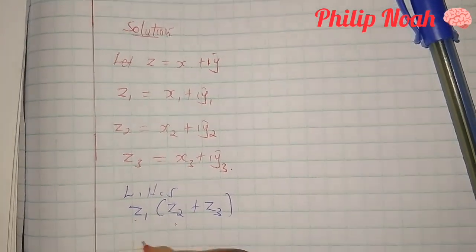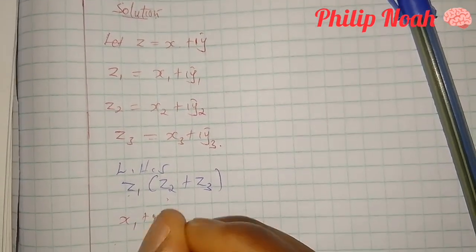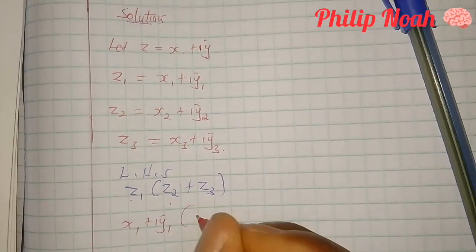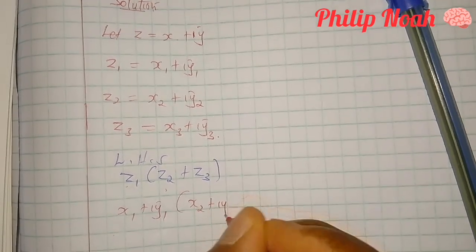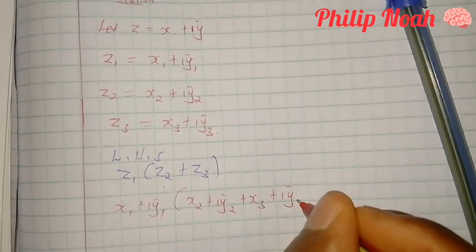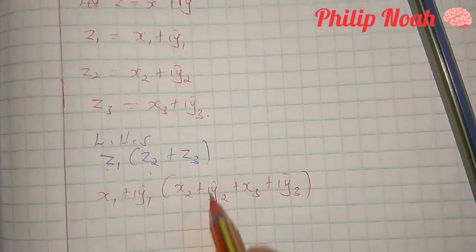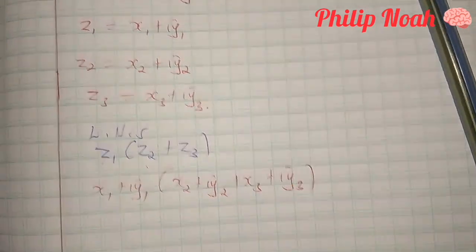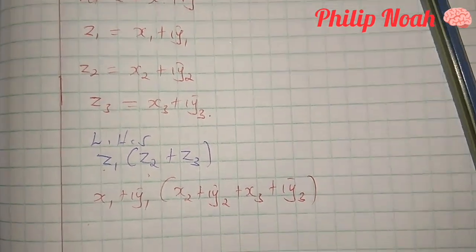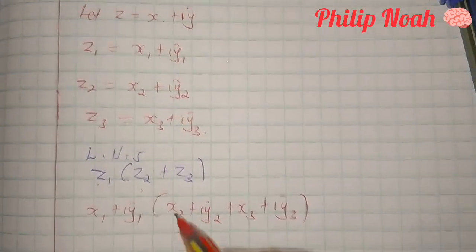Now we have x1 plus iy1 into (x2 plus iy2 plus x3 plus iy3). So let's start by working out or solving what is in the bracket. Are we there? Solving what is in the bracket.